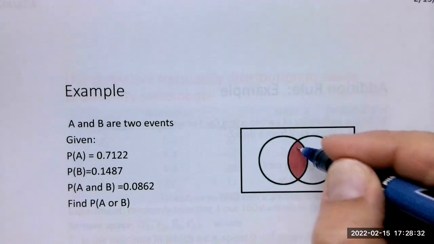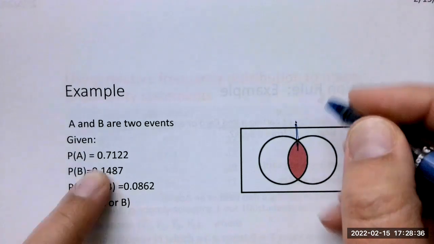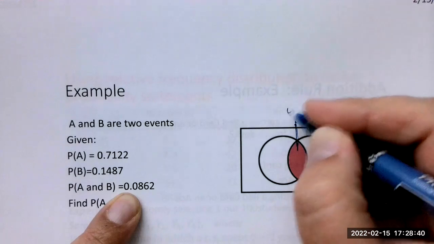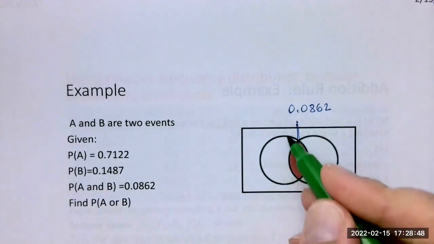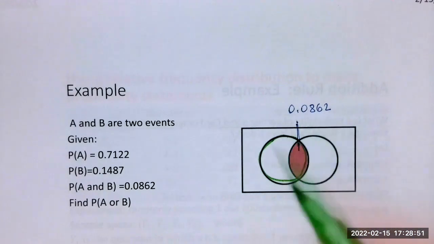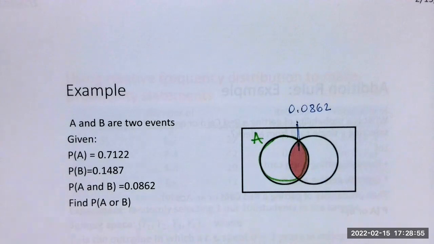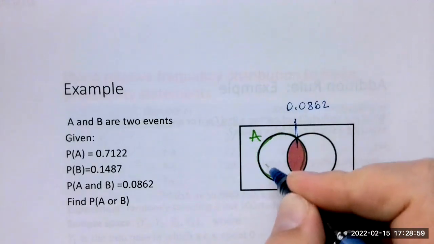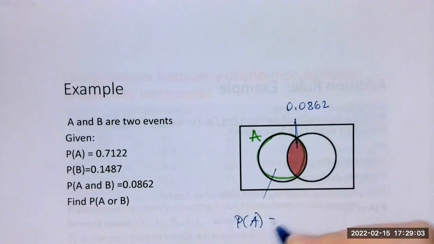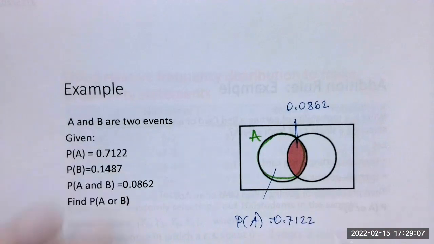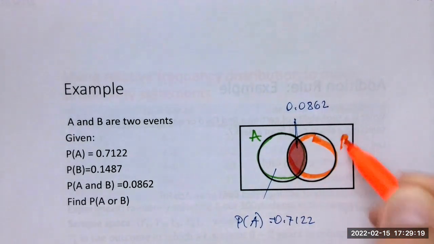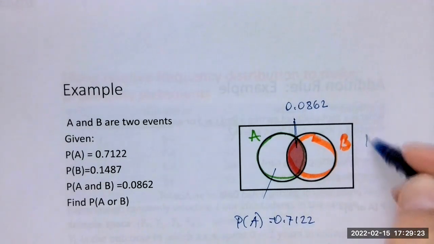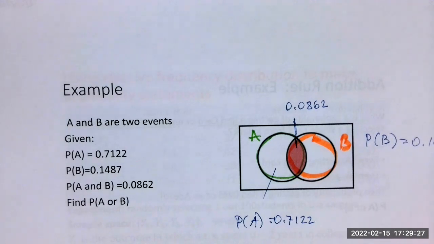Okay, so we know that for this intersection area, the probability is 0.0862, and then the entire event A, the probability of event A is 0.7122, and then we're gonna shade event B in orange, and the probability of event B is 0.1487.